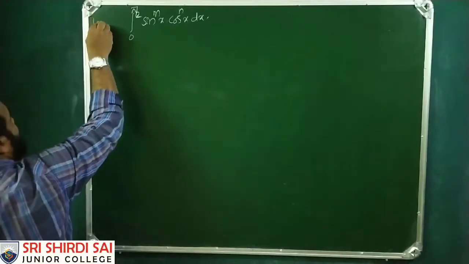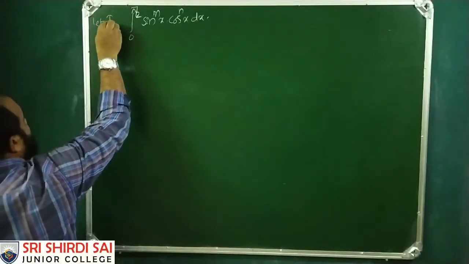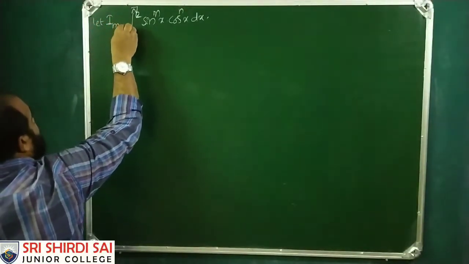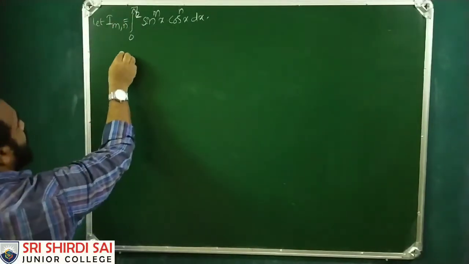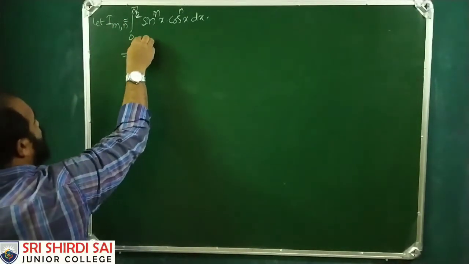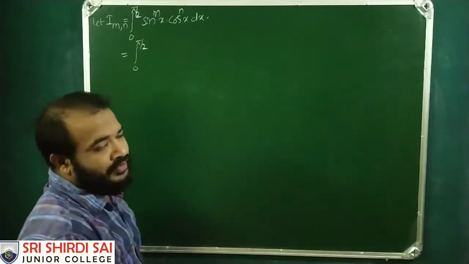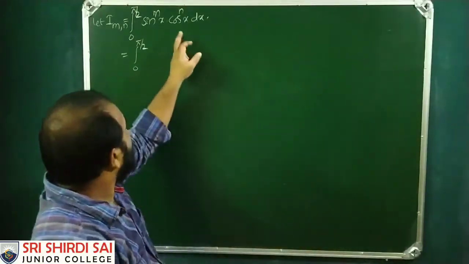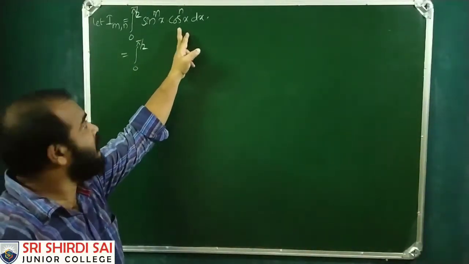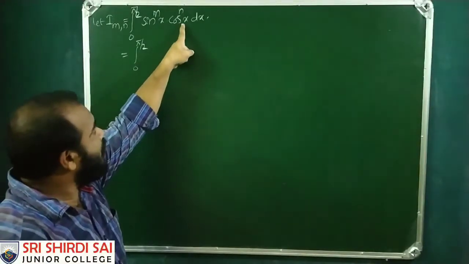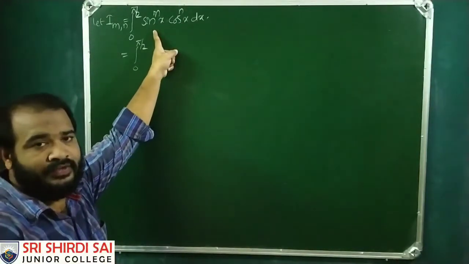See, integral 0 to pi by 2 sin power mx into cos power nx dx. Let us take this to be I m comma n. We are free to choose to split either cos power nx or sin power mx dx.